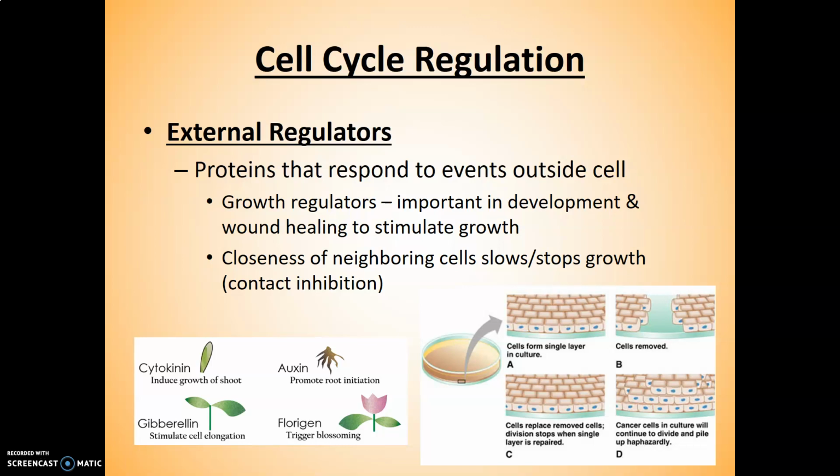What's going to stop it is when you're not going to let any more people into that classroom once everybody is touching. That's what you call contact inhibition. Okay, if that contact inhibition regulator is not working, more people would be let into the classroom and would be piled up on top of each other, and that's what it looks like with a tumor. Okay, and all of these proteins down here are your external regulators.